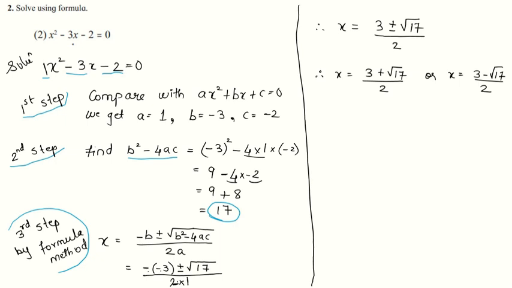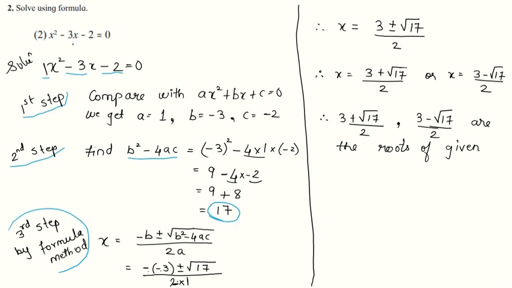We cannot solve this further. There is no square root of 17, neither can 3 be divided by 2. Therefore, 3 plus root of 17 upon 2, comma 3 minus root of 17 upon 2 are the roots of the given quadratic equation.